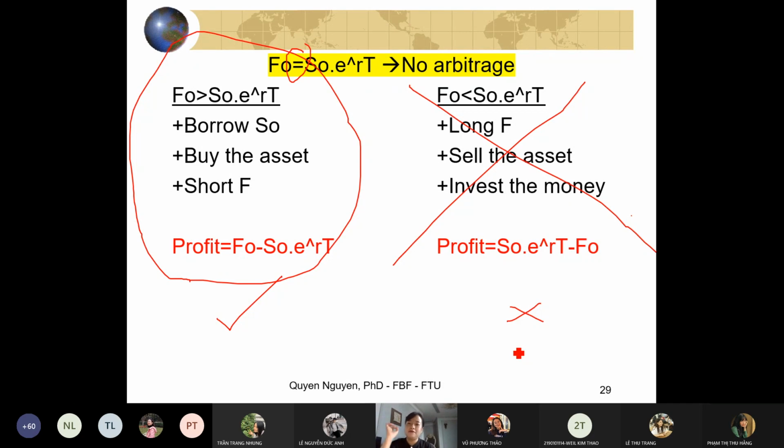Because assets may have different types based on quality. For example, if you consume rice, we may have different kinds of rice. We have fragrant rice, we have long grain, we have short grain, so many types of rice, right? When the trader holds consumption assets, their ultimate goal is consumption. They have to use it in a future period of time. Even oil, right? You have crude oil, you have this type and that type of oil.